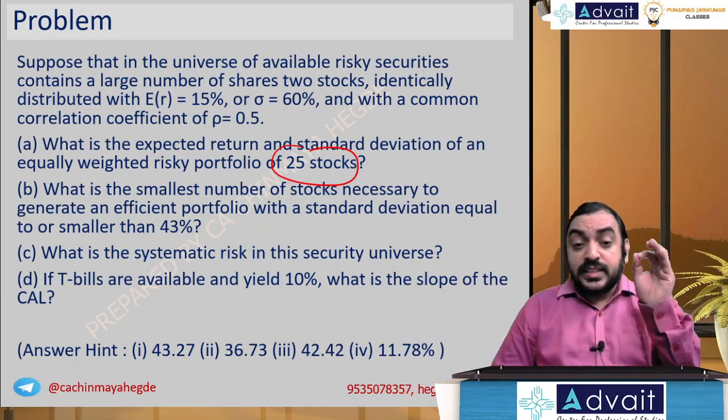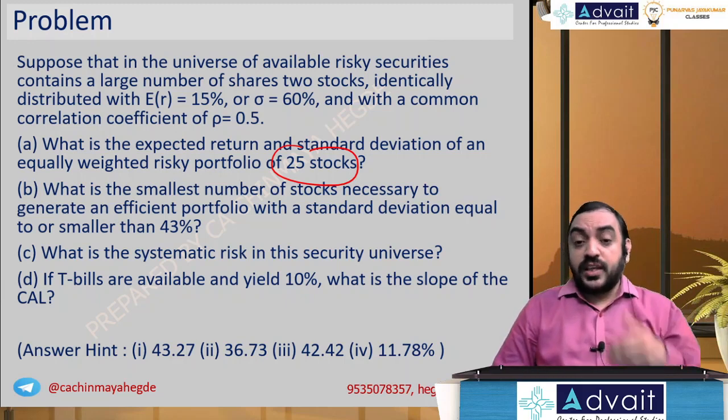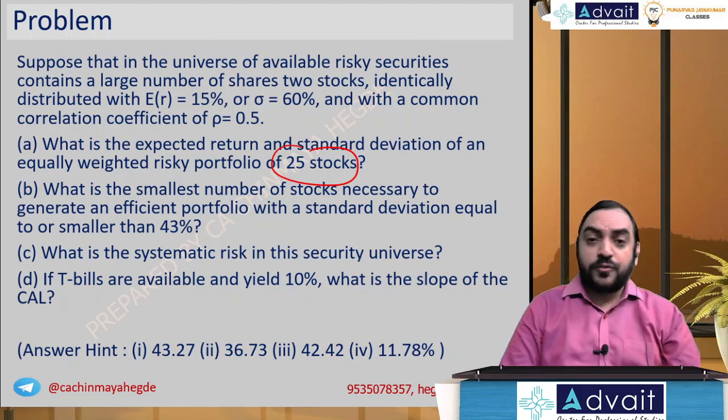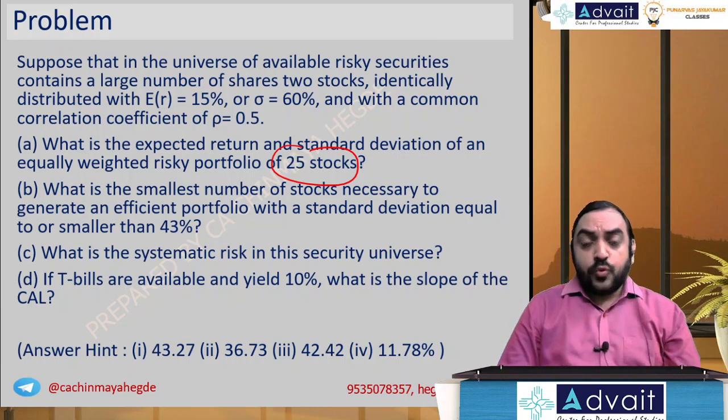What is the systematic risk of the security universe if T-bills, treasury bills, are available and yield 10%, being the risk-free rate? What is the slope of the capital allocation line? Okay. What is the expected return and standard deviation of an equally weighted risky portfolio?